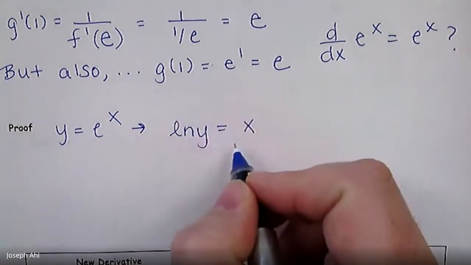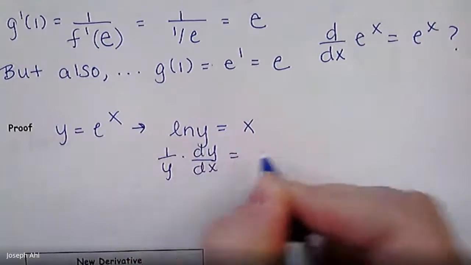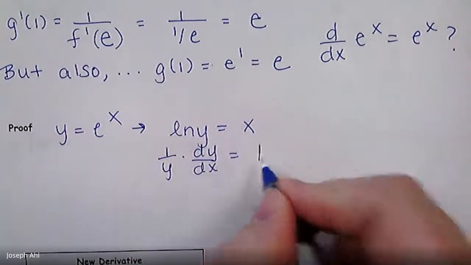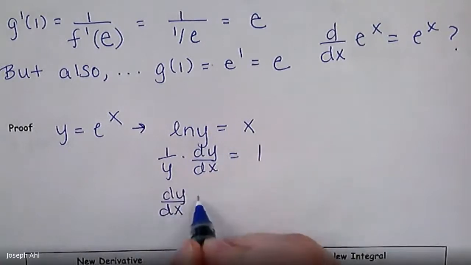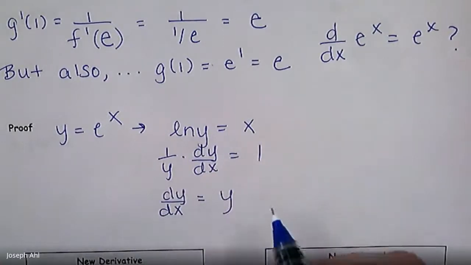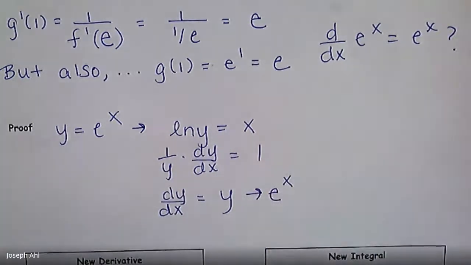So then if I take the derivative of both sides, we get 1 over y dy/dx. The derivative with respect to x here is 1. Multiply the y to the other side, dy/dx equals y times 1, which is just y. And oh, by the way, y equals e to the x. So the derivative of e to the x is good old e to the x.